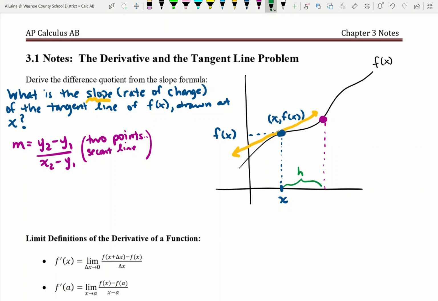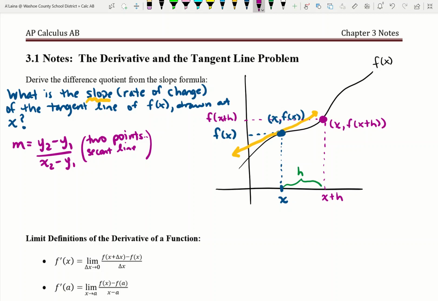Then the input for my second point would be x plus h. The output would be f of x plus h. And I could write the ordered pair here as x plus h comma f of x plus h to represent that second point.